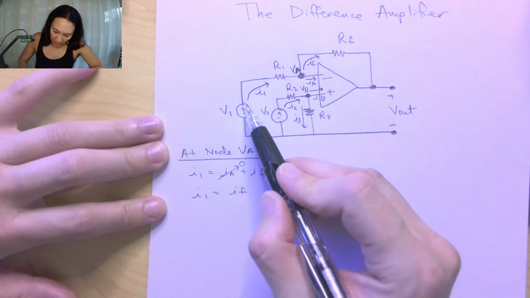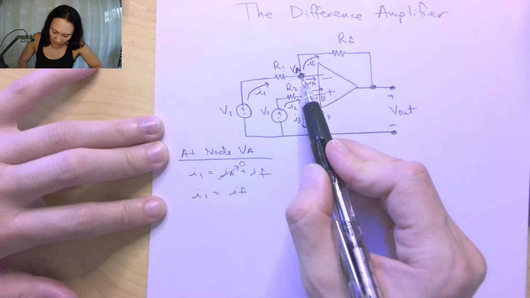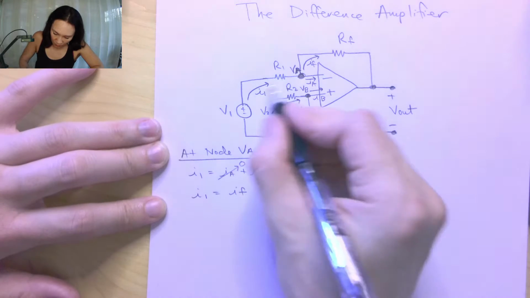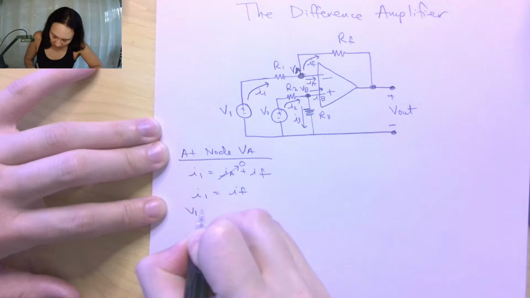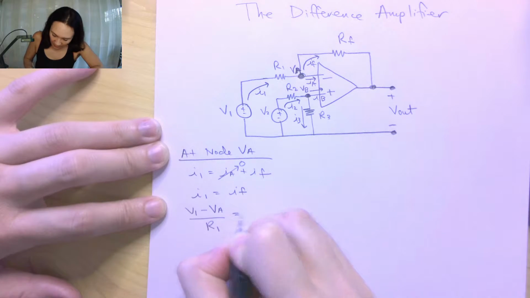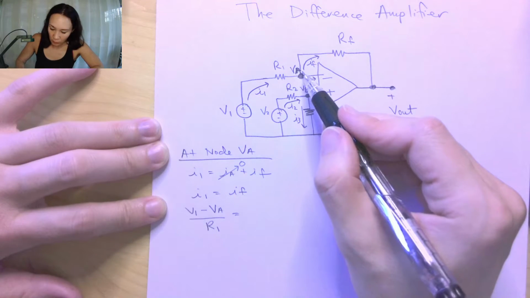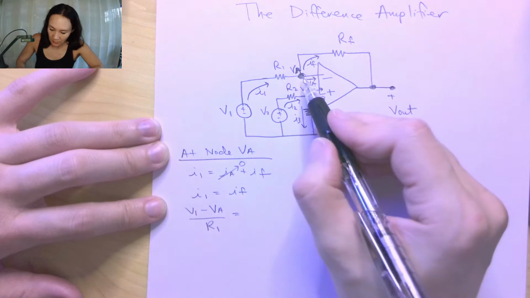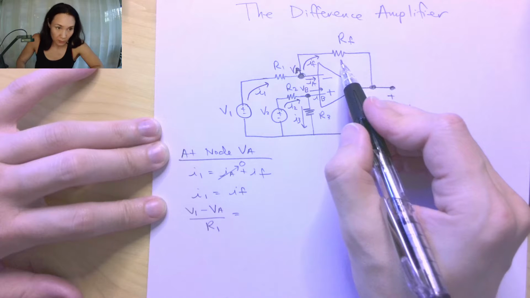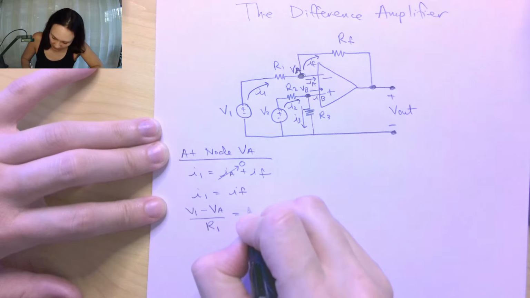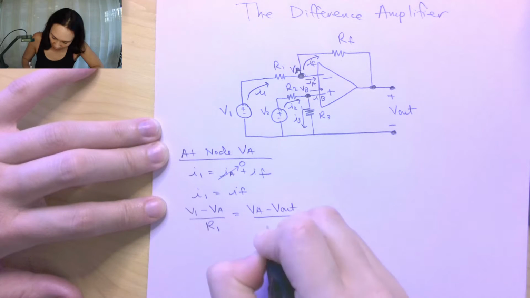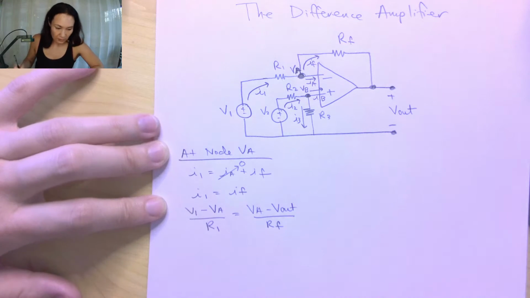So that's going to be V1 minus VA divided by the resistor between. So I'm going to replace I1 with V1 minus VA over R1. And that's equal to IF. So to replace the IF current, that's going to be VA minus V out divided by the resistor between. So this is VA minus V out over the feedback resistor.